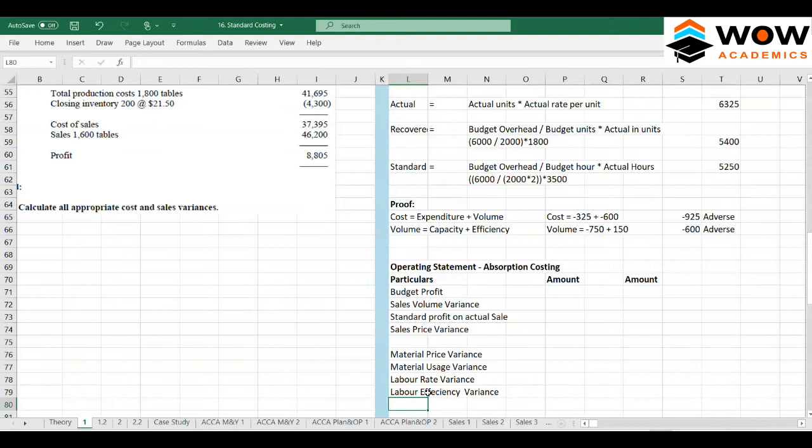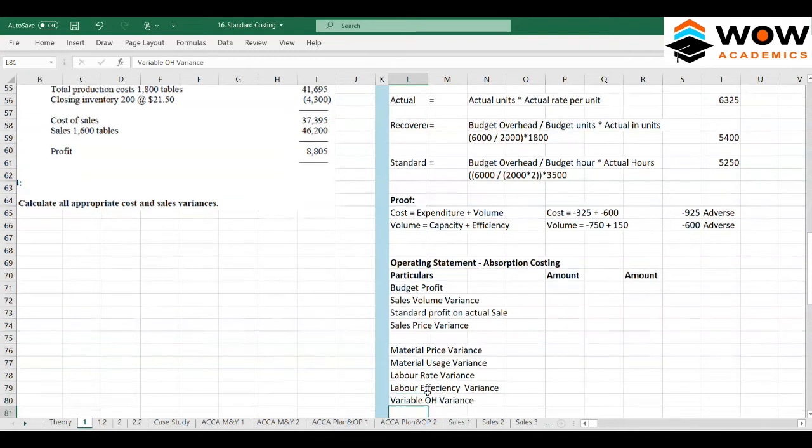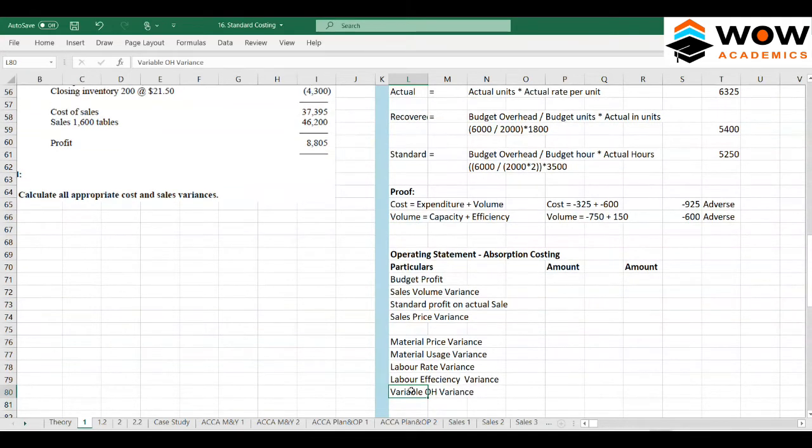Thereafter we have variable overhead variance. I think we'll cut it short to variable overhead expenditure variance. Then we have variable overhead efficiency variance.